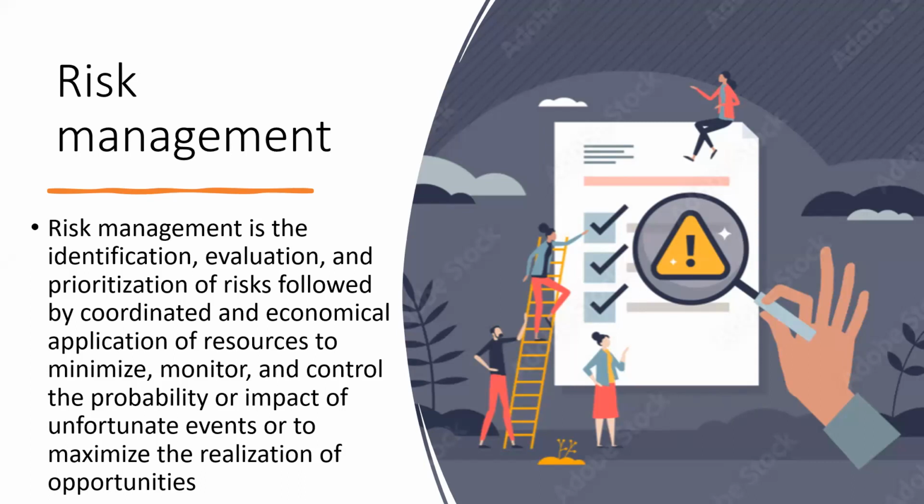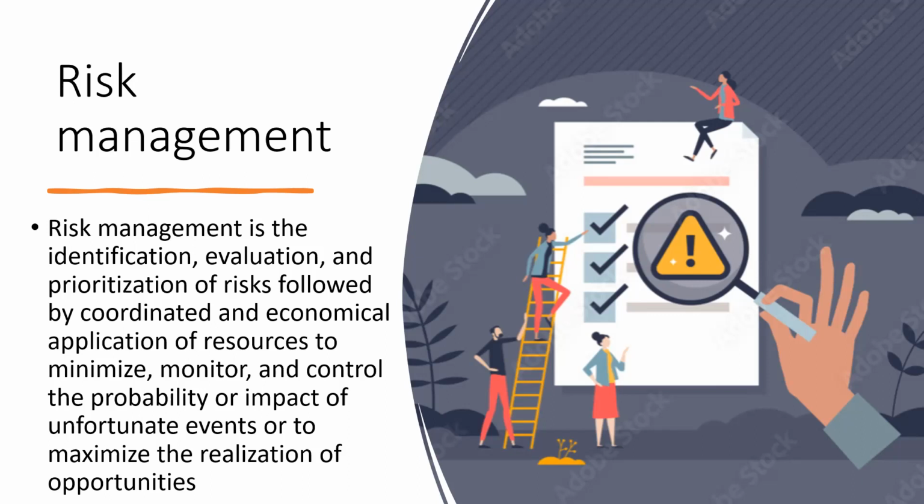Now, what is the meaning of risk management? First we need to identify what the possible risk is and what the chance of having that risk will be, and evaluate that particular risk. Then think that there are a number of risks, and if it is not possible to avoid all types of risk, then you give priority.